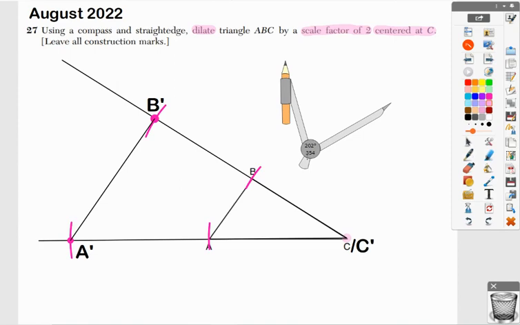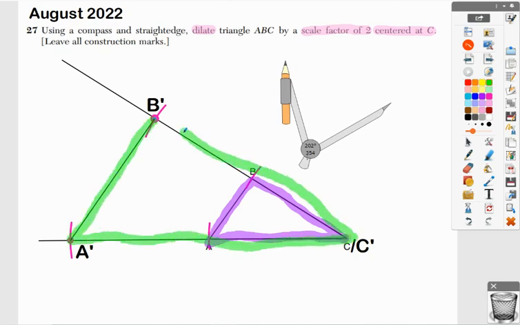My construction is finished. I would get 100% on the Regents, but I just want to point out that my original triangle is this triangle here, and my triangle after the construction is this larger triangle. It's that green triangle, forgive my not straight lines, that is twice as large as my purple triangle.